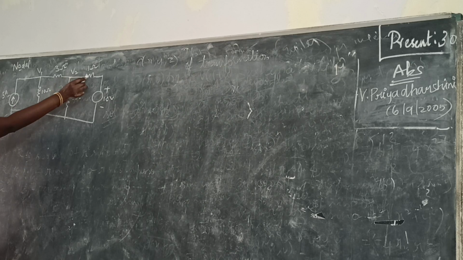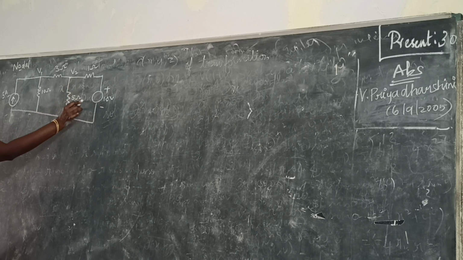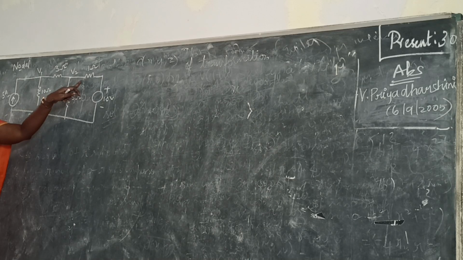I can draw this as a voltage source. Can I draw it like this? So that means there is no node, because these two nodes are the same. So the circuit has only two nodes. Everyone clear in this?